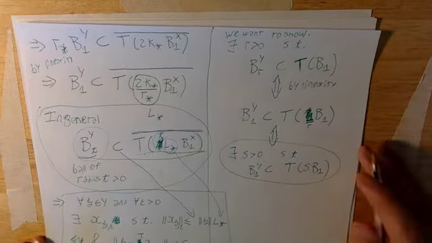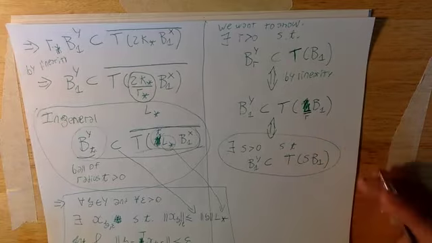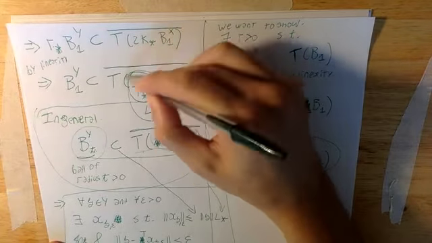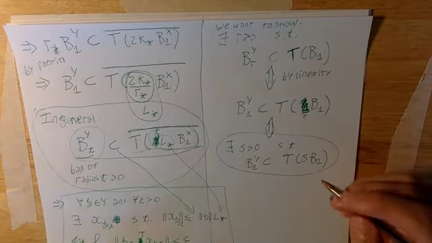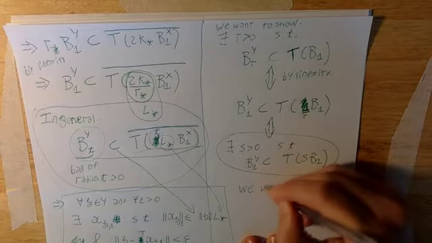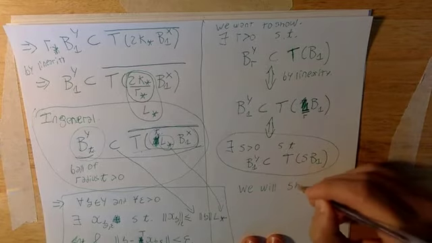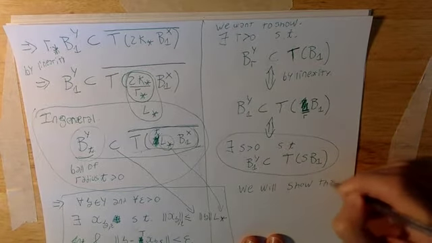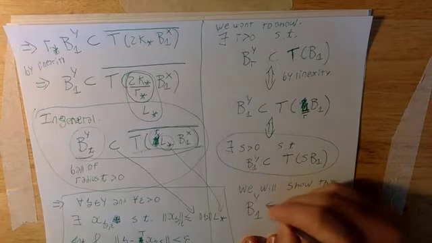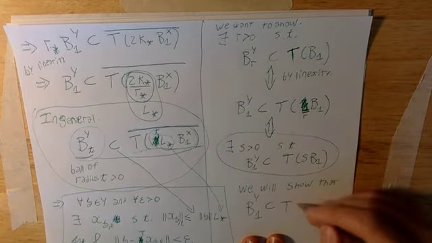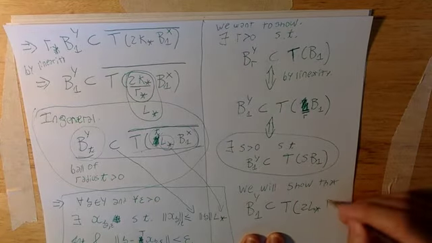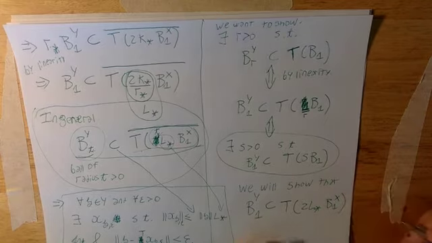In particular, what we are going to show is that if this is the L star, we are going to show that B1 of y is contained in T of 2L star B1 of x.